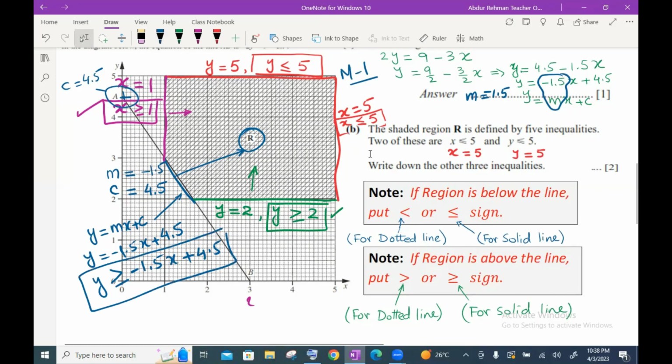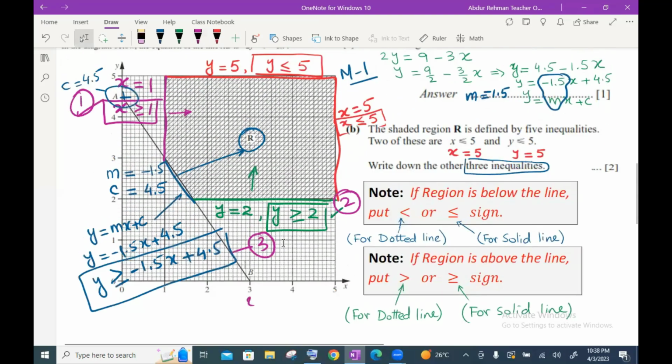So the requirement was to write down the 3 inequalities. We have found them. The first inequality is x is greater than or equal to 1. The second is y is greater than or equal to 2. And the third one is y is greater than or equal to minus 1.5x plus 4.5.